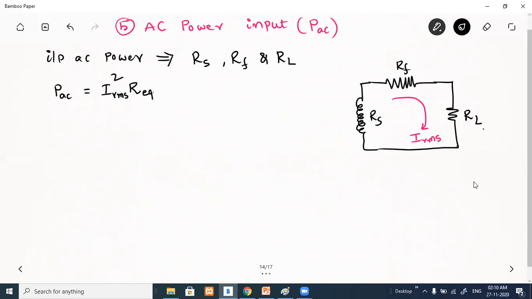So that gives the AC power supplied to the half-wave rectifier. So PAC is equal to IRMS square into R equivalent. What is the R equivalent? Rs, Rf, RL are in series. So R equivalent equal to Rs plus Rf plus RL.